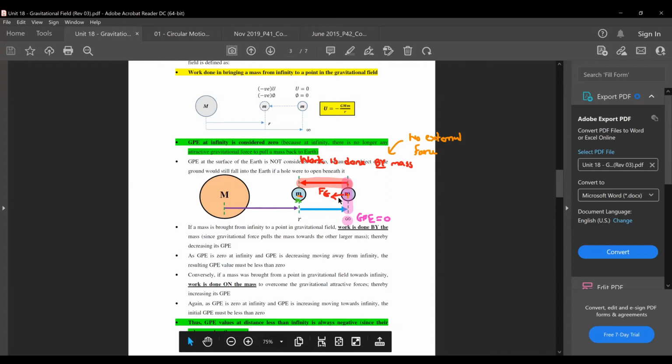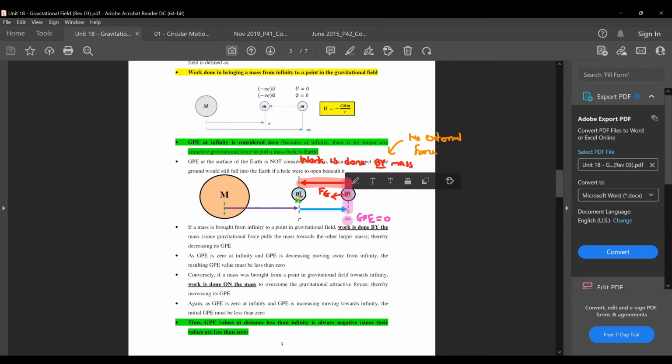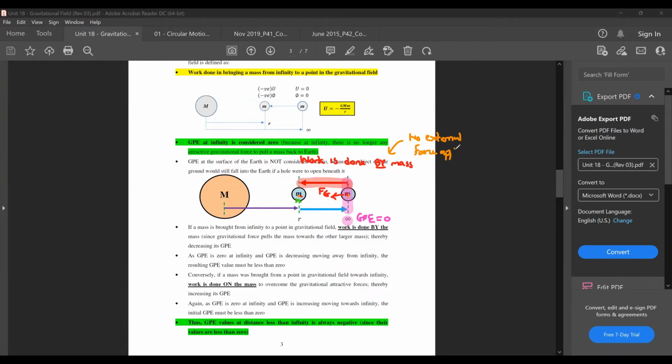If you bring a mass from infinity to this point, there's already a gravitational force acting on the mass. You don't need to purposely apply any external force. No external force is applied by anyone. Work is actually done by the mass.